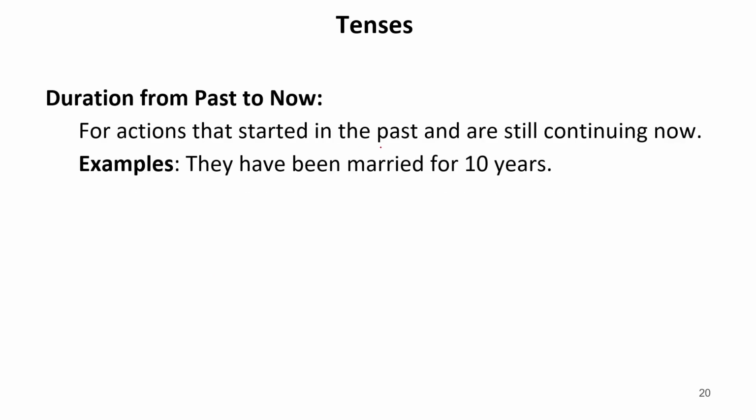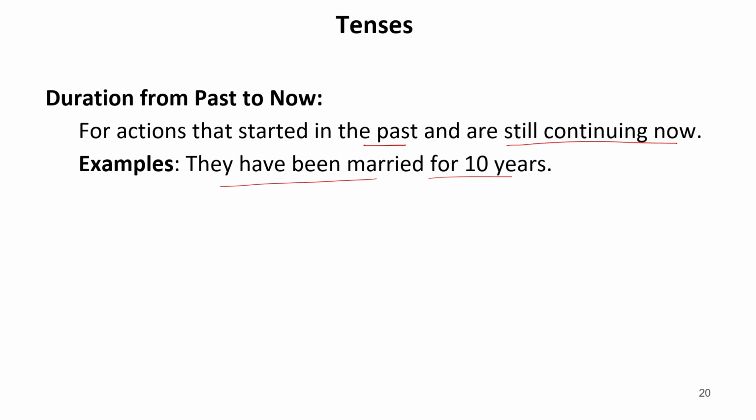Now, for actions that started in the past and are still continuing now: they have been married for 10 years. So, the marriage is still going on. But if I write these types of sentences without time, for example, I must say they are married.